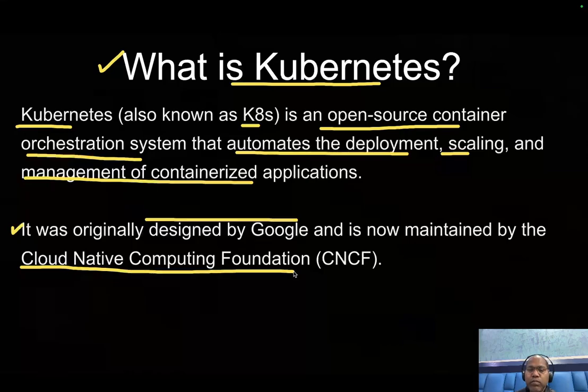You can visit the Cloud Native Computing Foundation website and find a huge list of open source software available for building cloud native applications from different perspectives: database, server, cluster, configurations, everything. So that is the CNCF, Cloud Native Computing Foundation.